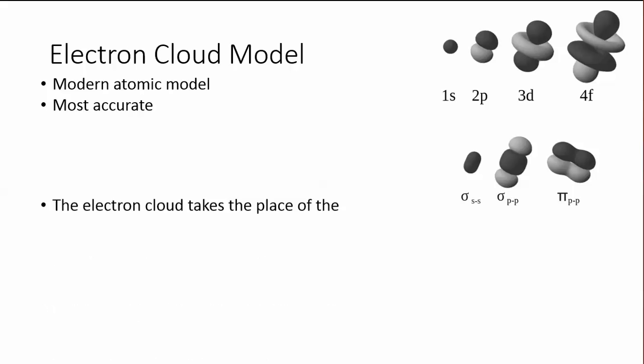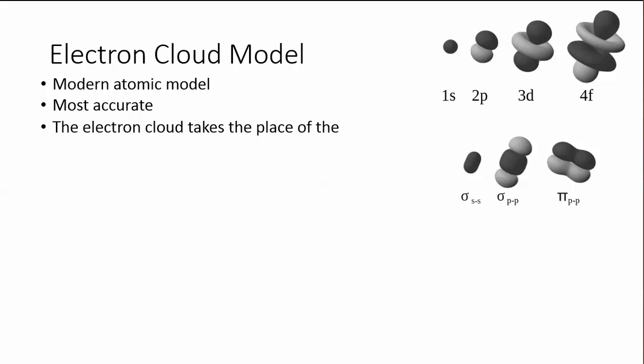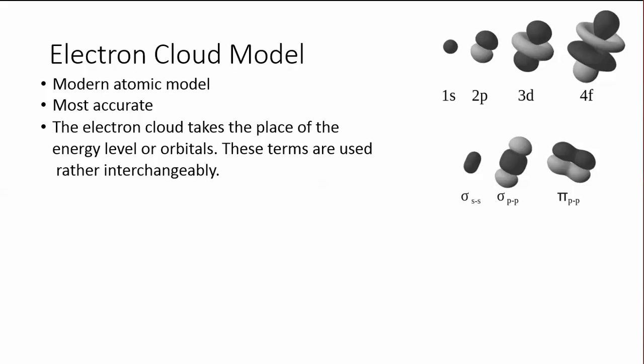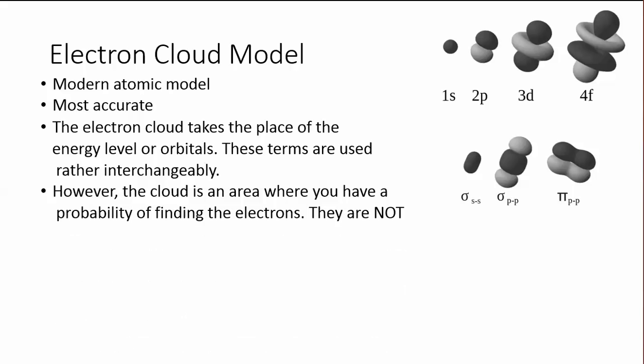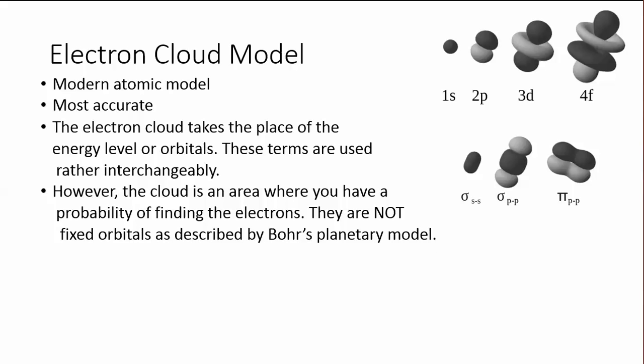It is the most accurate model, and the electron cloud takes the place sort of of that energy level or orbitals, although we use these terms really interchangeably. The cloud is really an area where you have a probability of finding electrons. They're not fixed orbitals as described in the Bohr model. So you notice here, these are examples of the orbitals, of the energy clouds.